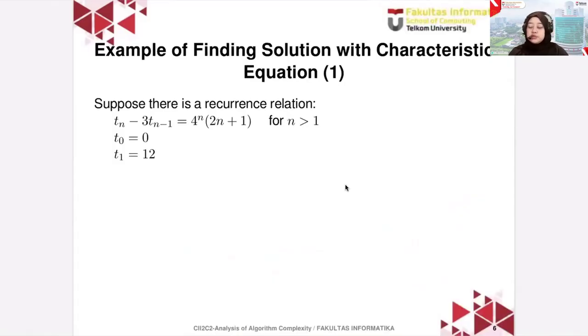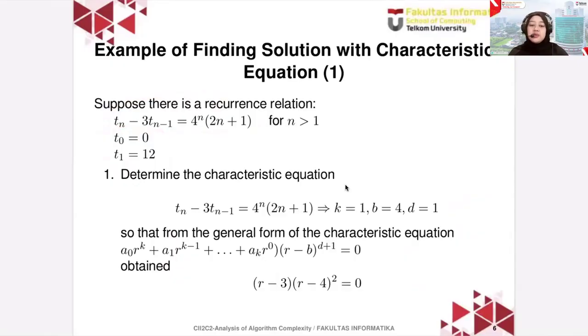For example, suppose we have a recurrence relation like this, and we have two base cases. So in this case, we can determine the characteristic equation for the homogeneous part. Like last week, when we have Tn minus 3 Tn minus 1 equals 0, then we have the characteristic equation r minus 3 equals 0. So r will be equal to 3. So this is the solution we have.